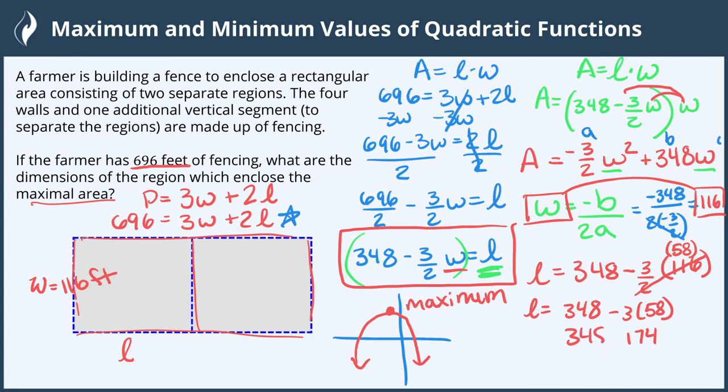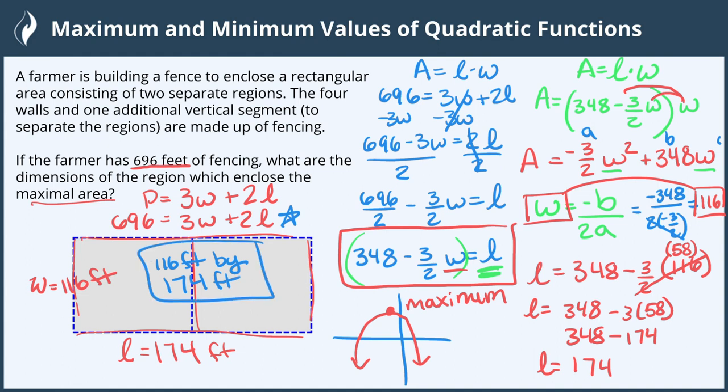So we get 348 minus 174, and 348 minus 174 in my calculator is 174. So the length is 174, and now we have both of our dimensions, 116 feet by 174 feet, and the order doesn't matter. We can put those dimensions however we want to. In fact, let's write it out. 116 feet by 174 feet. And now we're all done.